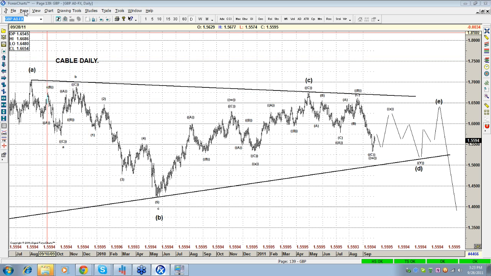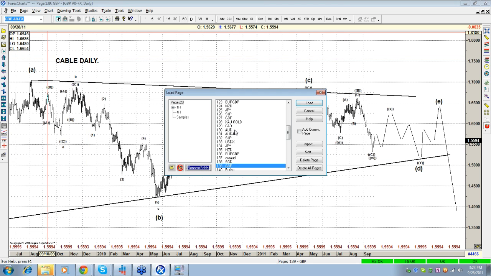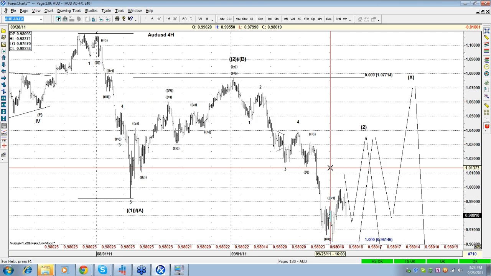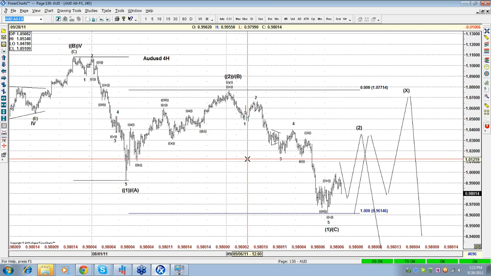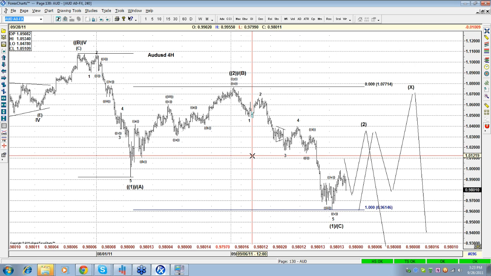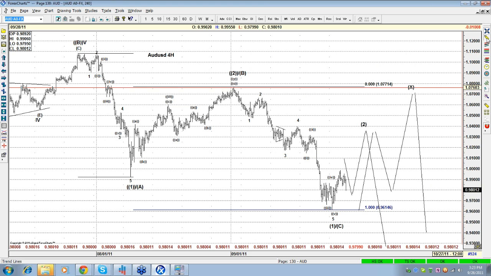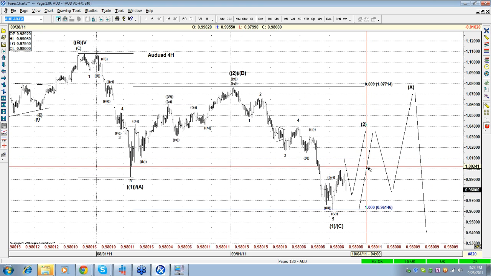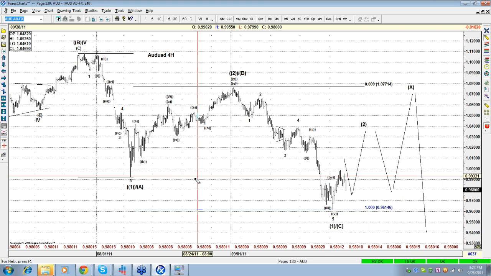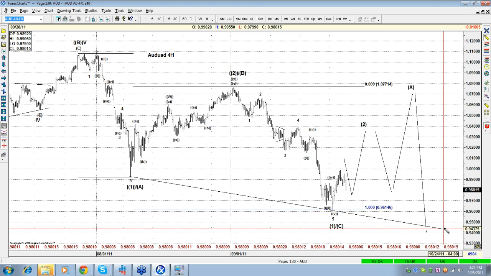And then with Aussie, are you asking me? One of the two scenarios here. Maybe Aussie is going to do a leading diagonal from the top. Who knows? And maybe to go with the overall market, then you got a trend line here already in place.